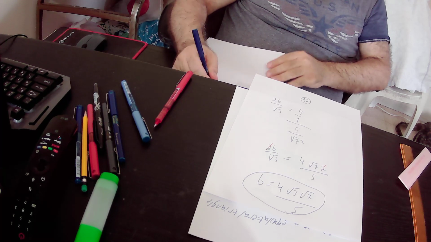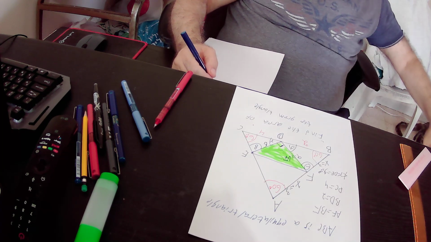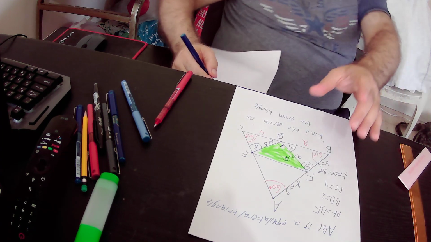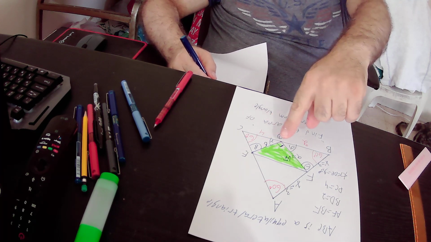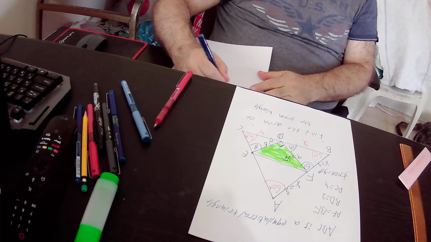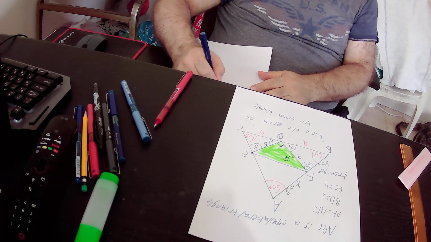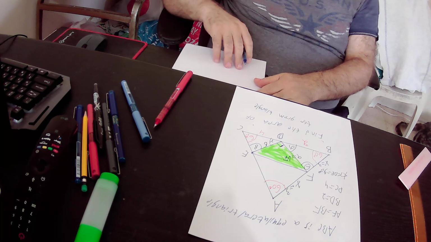But we know that the area of any triangle is the base of the triangle times the height to the base over 2. So the area of this triangle will be a times b over 2. The area of the green triangle equals a times b over 2. Okay?